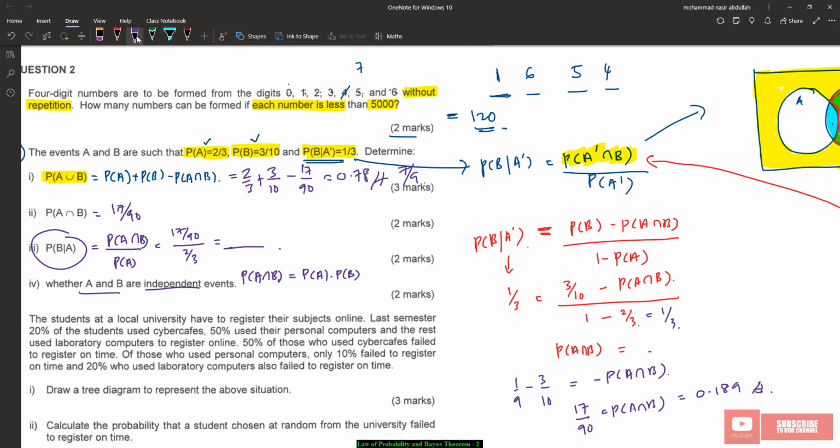It should be equal to 1 over 5. So 1 over 5 is not equal to 17 over 90. So then we can say that A and B are not independent events. Right? Very simple.